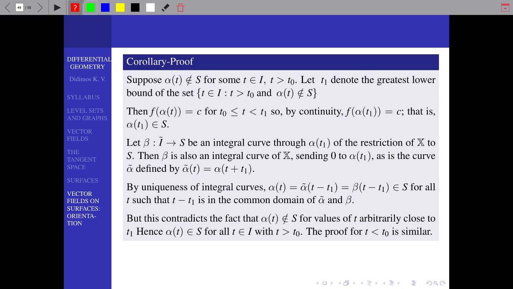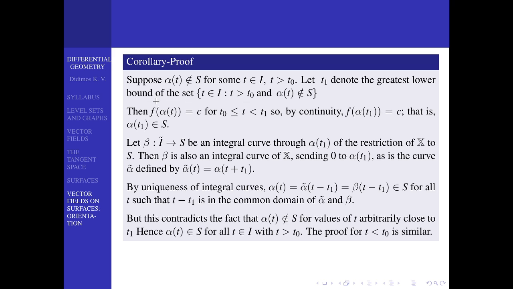For the proof, we start with a contradiction. Suppose alpha of t does not belong to S for some t after this t naught. Our assumption is that once you consider a surface here, and this is the alpha, this is the point alpha of t naught, which belongs to S. So we will prove that alpha of t belongs to this S for all t.